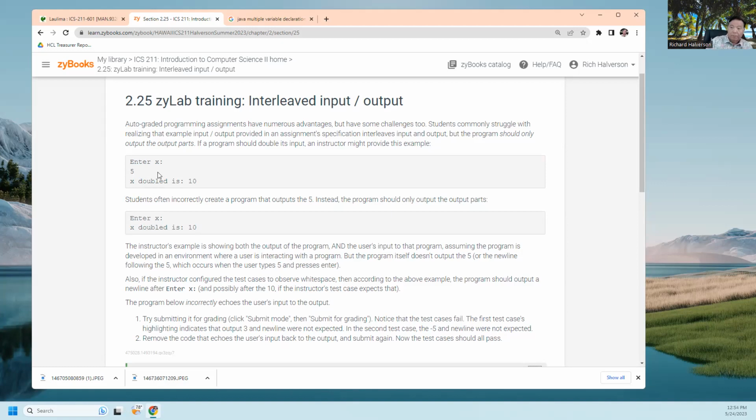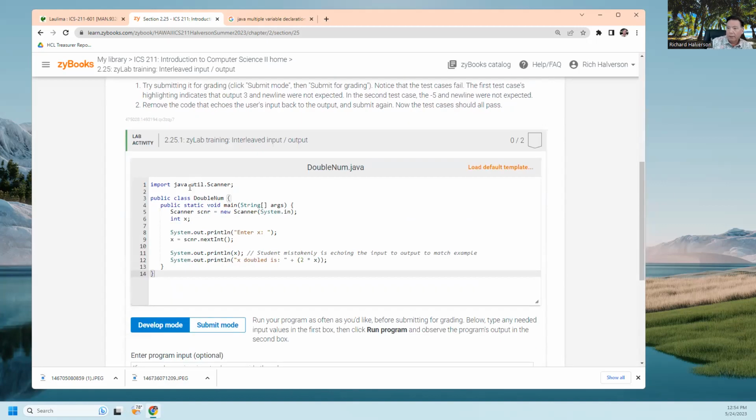That's the return. And then your program prints this out again. So if you see in the assignment it's supposed to look like this, don't also print out the 5, because that's the user typing in the 5 followed by the enter key. So that's all this is saying.